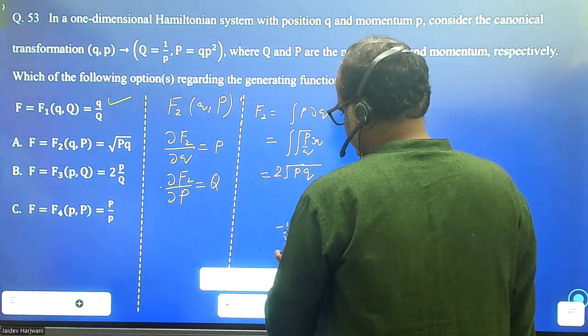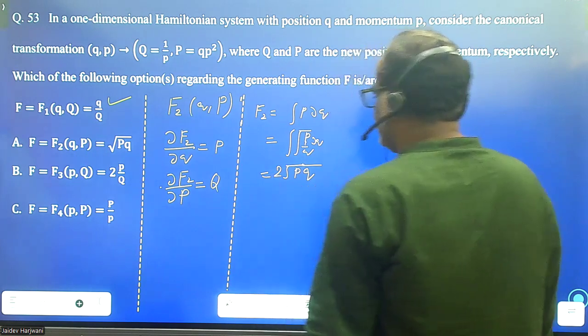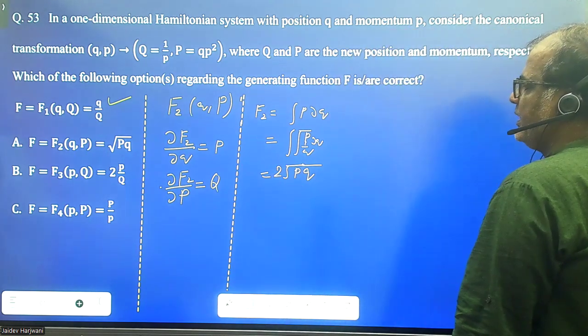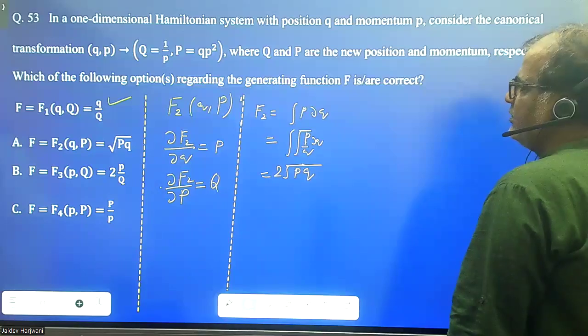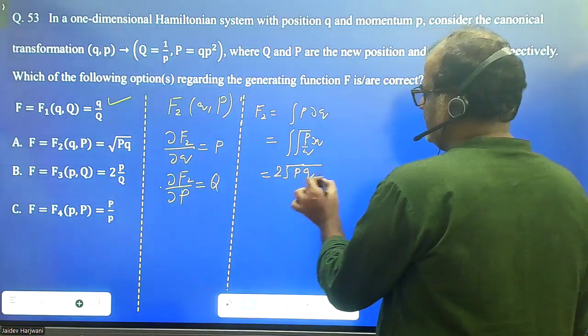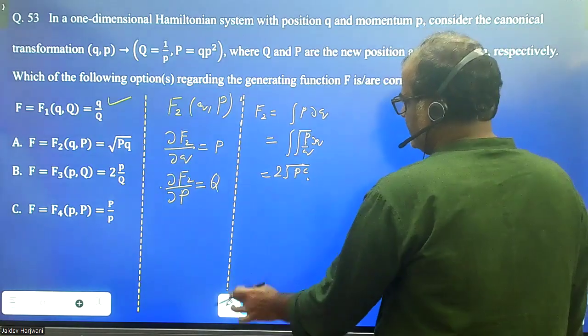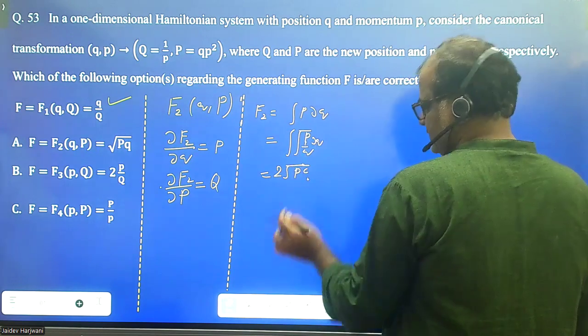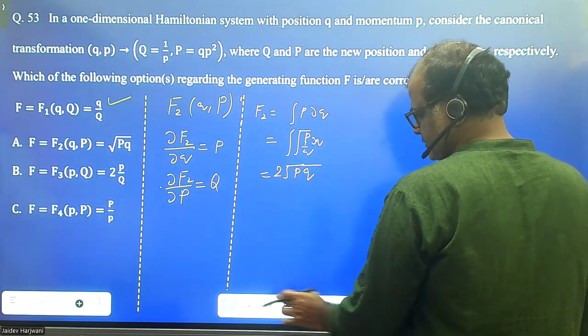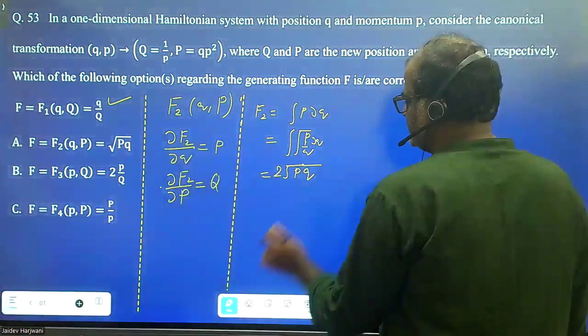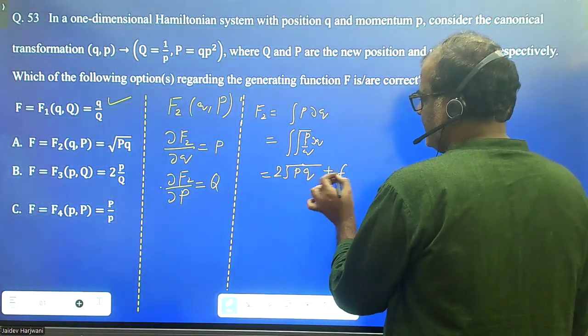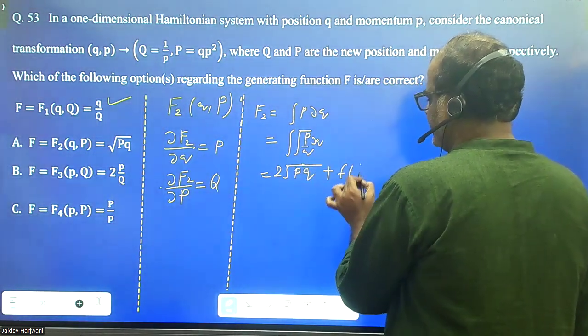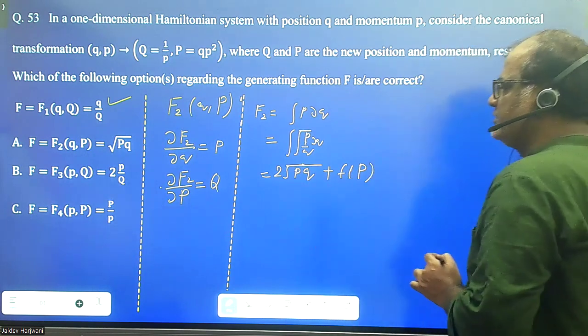So this is 2 root PQ. And because I'm taking q as the variable here, I can add one function of capital P here, a partial derivative.